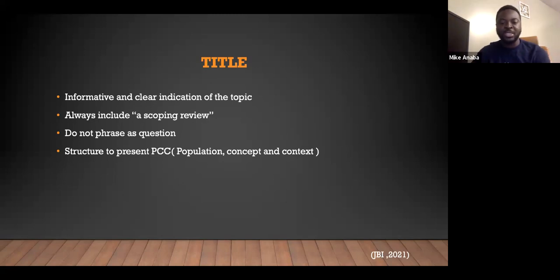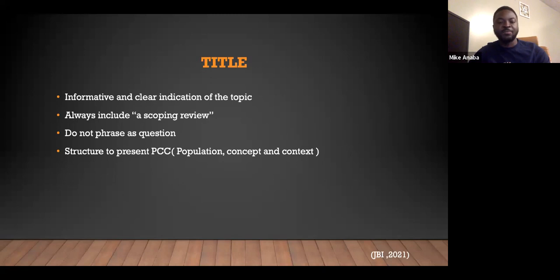It should specifically indicate what you're doing, and that is a scoping review. And it shouldn't be structured as a question.